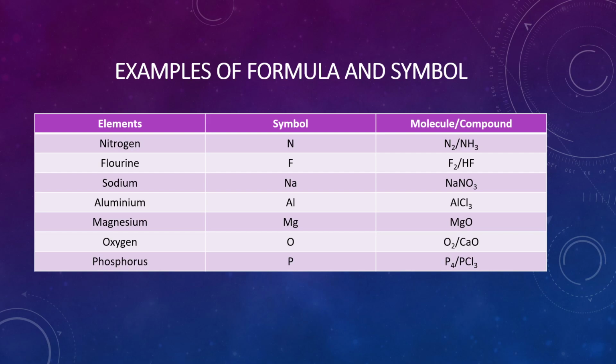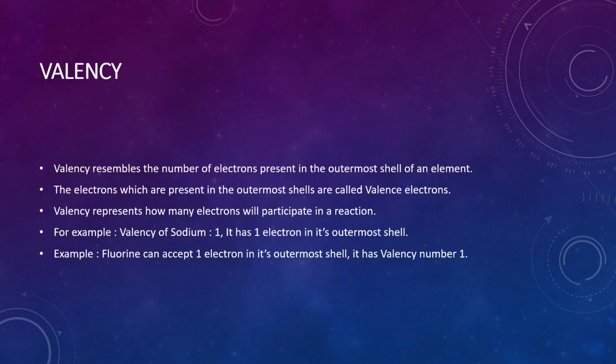So these are the examples of formula and symbol in this table. If you look at this table attentively, you can get some clear ideas about how symbols and formulae are expressed, and how the formula of a compound varies due to the valency of the elements.